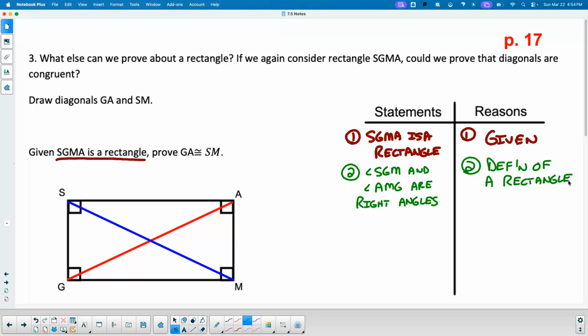Now that we can say that those are right angles, now we can say that triangle SGM and triangle AMG are right triangles.